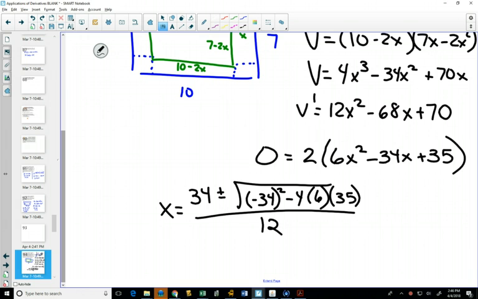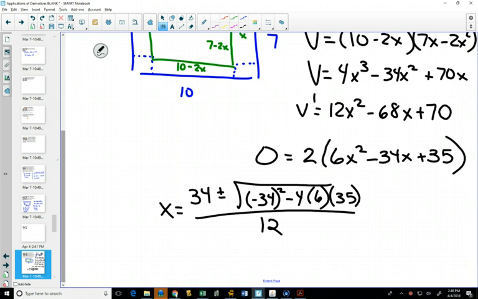You could still do some parts by hand. If it's non-calculator and you want an exact answer, you could leave it like that, or they'd ask you to simplify this. That would be the thing you would want to check. But here in this case, 34 squared is larger than 24 times 35.